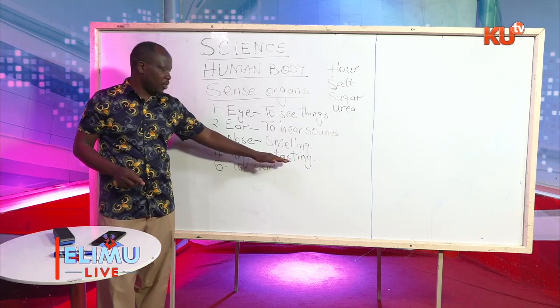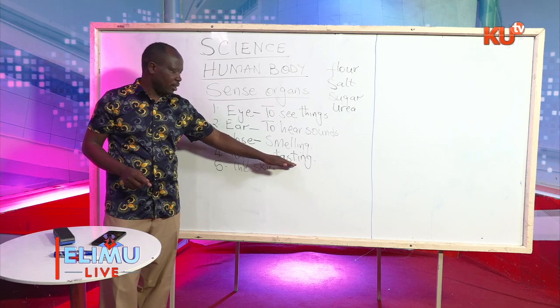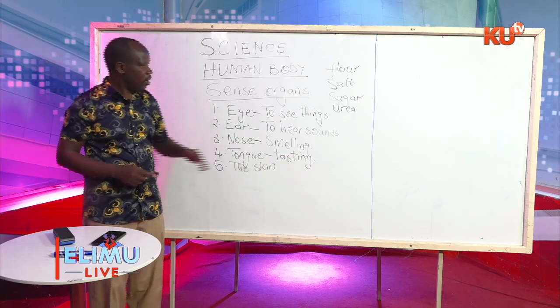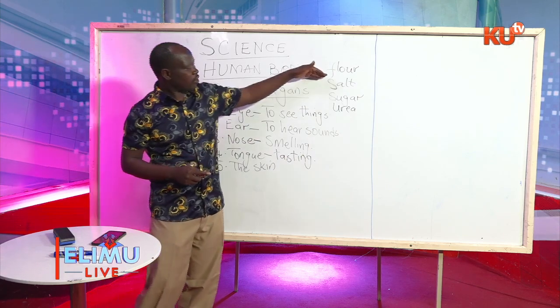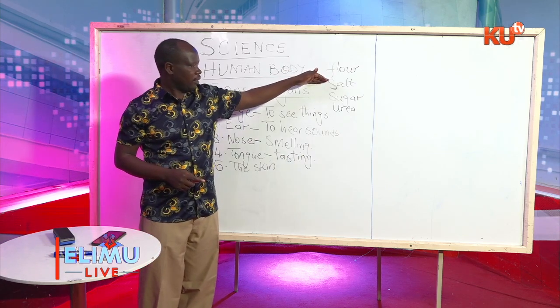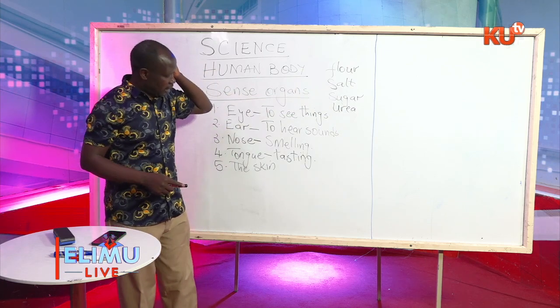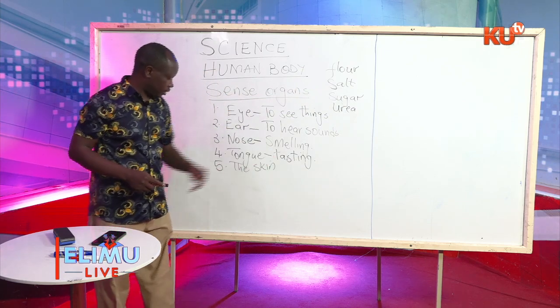When you taste, you will know whether something is sweet or bitter or sour. For instance, the taste of salt is bitter. The taste of sugar is sour. The tongue will help you to taste.